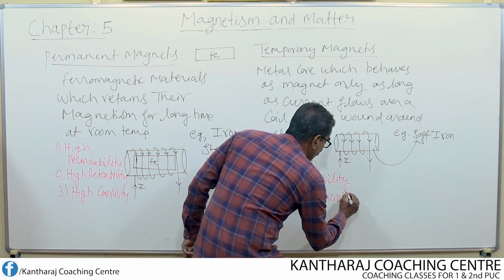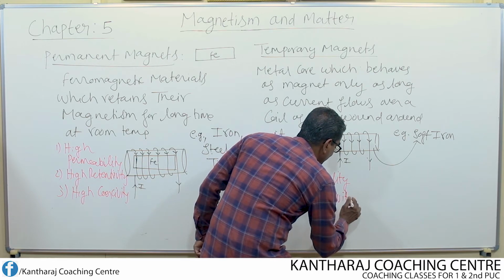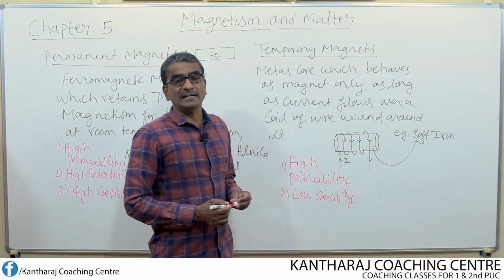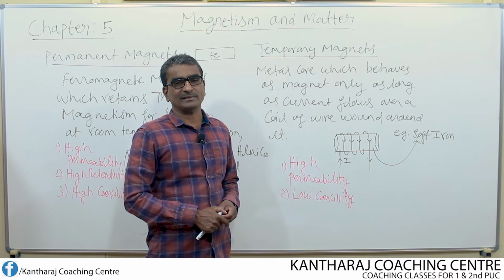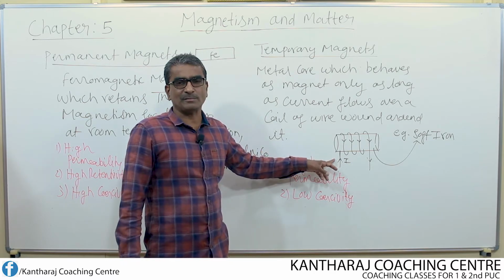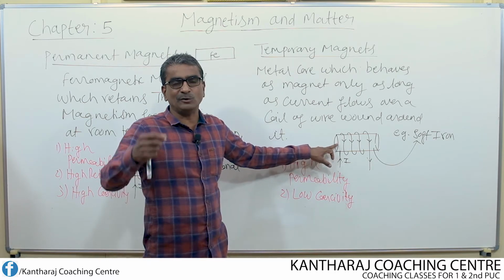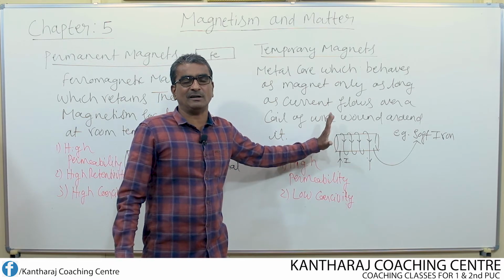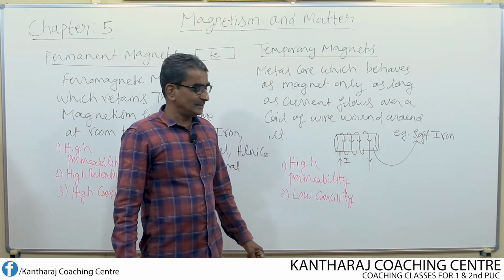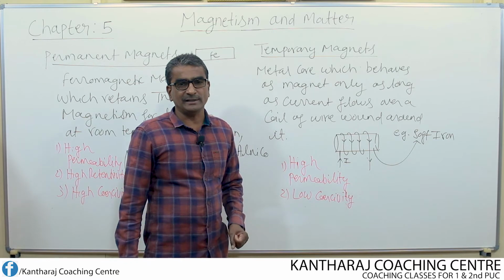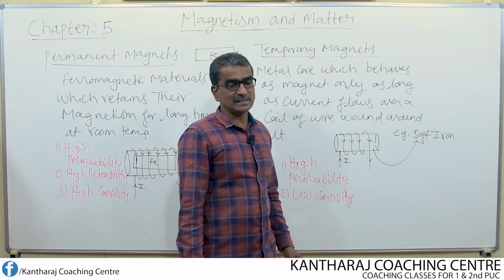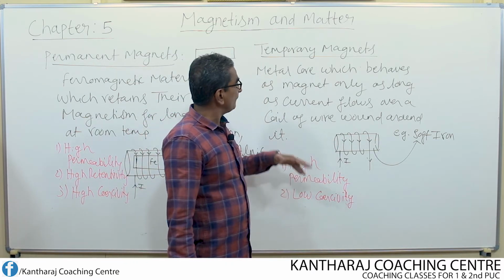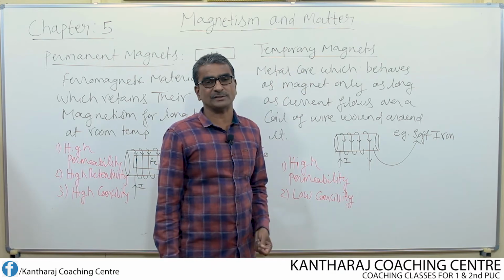If it possesses low coercivity, then it can be demagnetized quickly. That is why as soon as you stop the current, the material loses its magnetism and behaves as an ordinary metal bar. So if it possesses low coercivity, it can be demagnetized very quickly. So these are the two things a temporary magnet should possess.